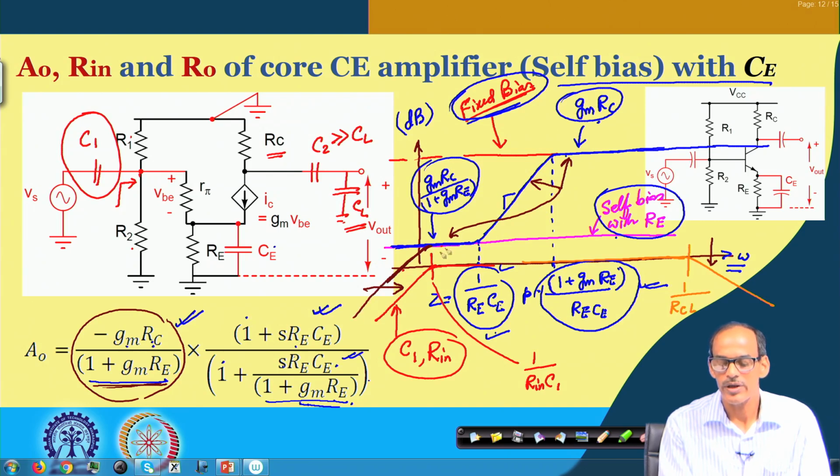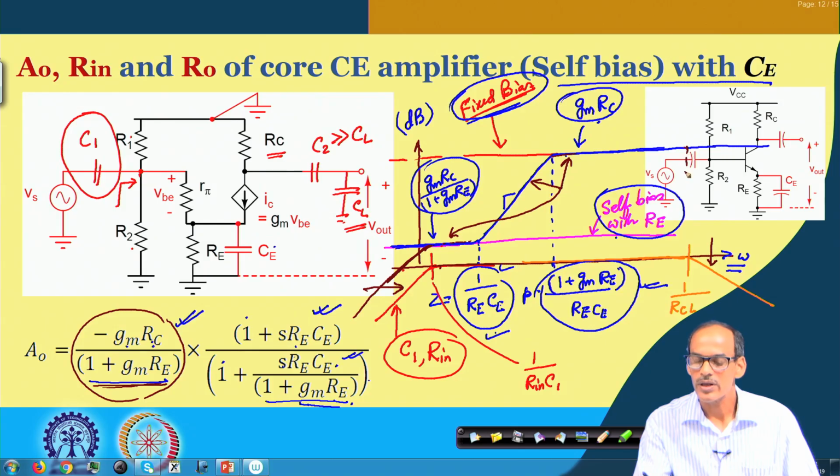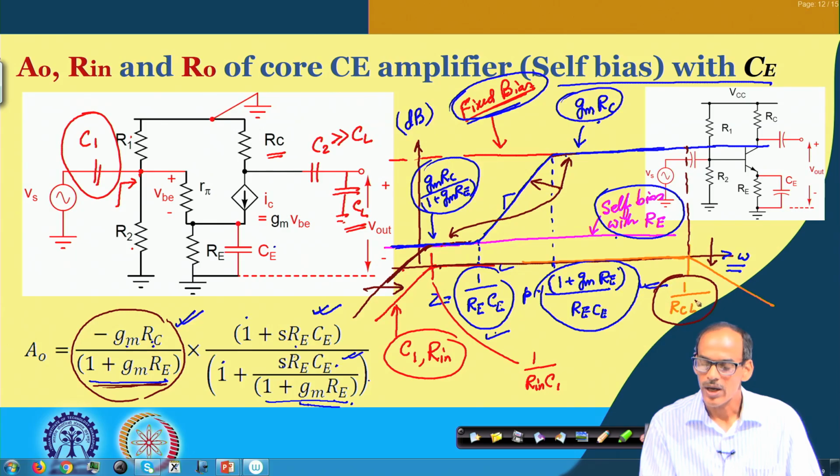It starts from here and then goes with this blue line, since this is 0 dB for the passive circuits, and then it goes here, and then again at high frequency, 1 by R_C into C_L, this part comes there.